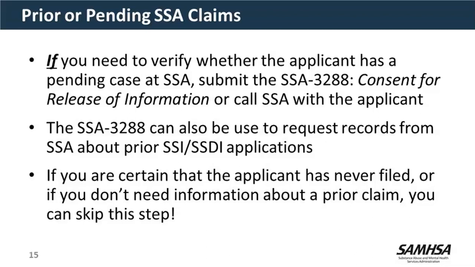That's information you would need to know, because if they already have a claim pending, it's helpful to know if they already have legal assistance on the claim. It's helpful to know what stage their claim's at, whether they're on an initial claim or at reconsideration, or even possibly at the law judge stage. So that's helpful information to get.